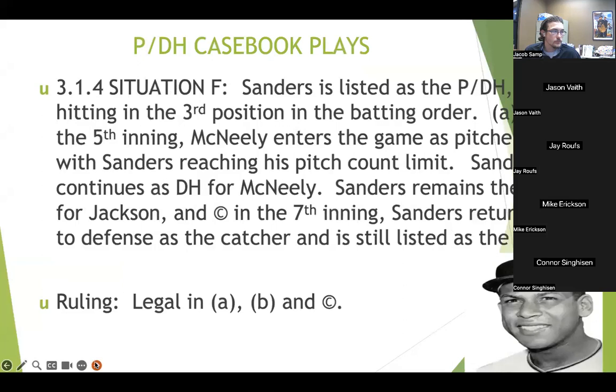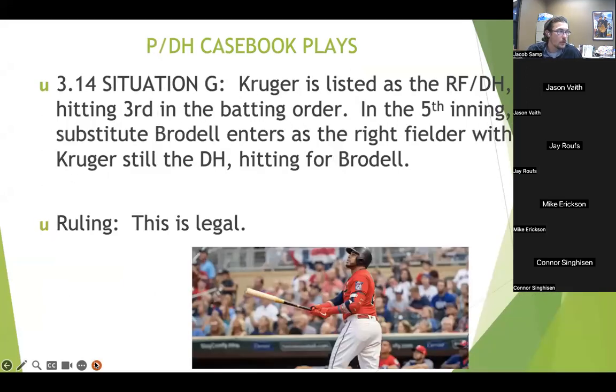I don't know what B was. Like I said, this is our good friend Larry's presentation that he put together. And then the last one is, can Sanders catch and still be the player DH? The answer is yes, as long as normal reentry rules are followed.